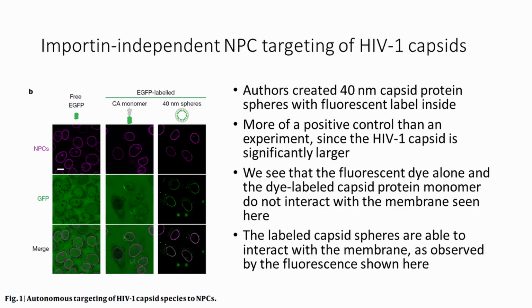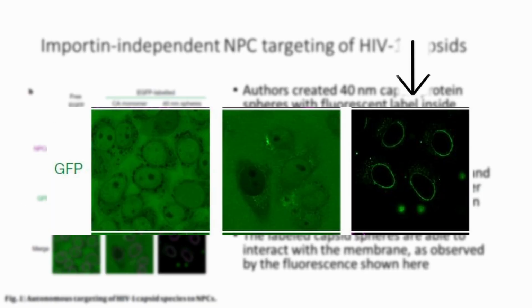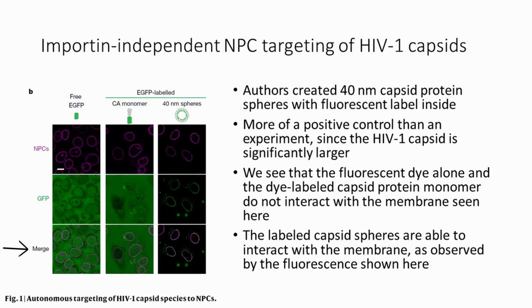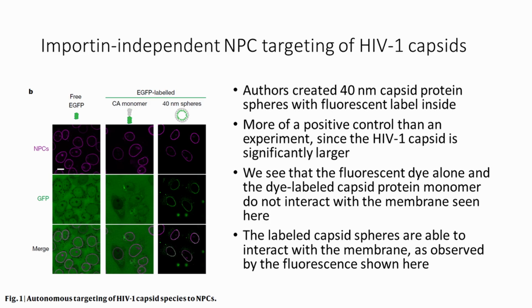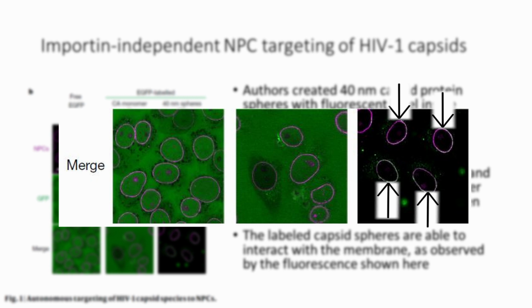And we know that this isn't a coincidence because of the other controls. You can really see it on the GFP trace where you really see the outline of the cells from the fluorescent dye. And when you merge the NPC and the GFP trace, you can see that they're both localized to the same spot. My real critique here is I'm really wondering why we're not seeing any fluorescence past that membrane.